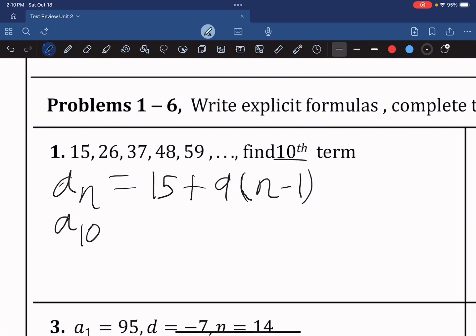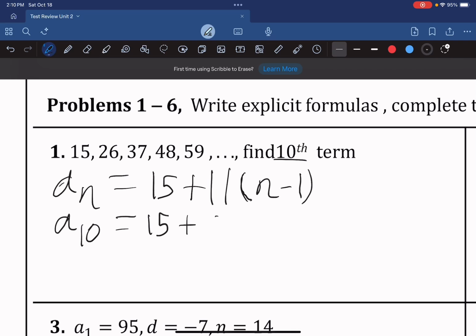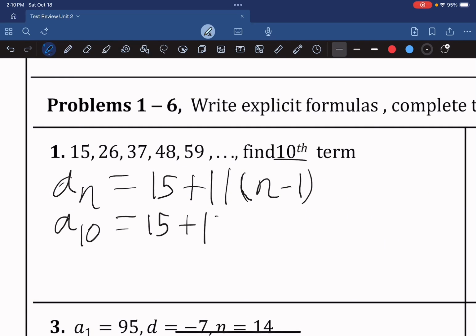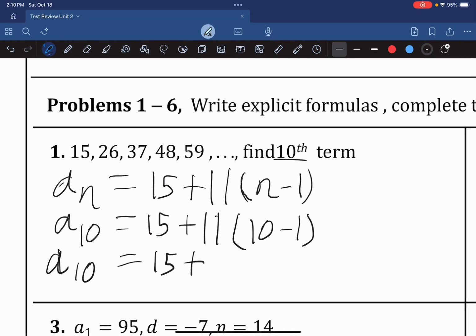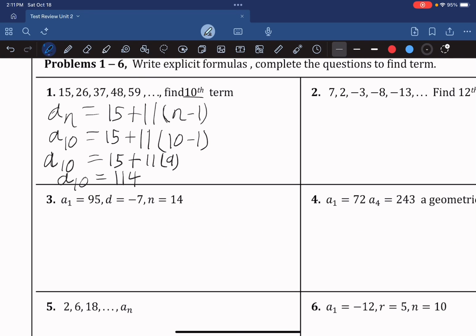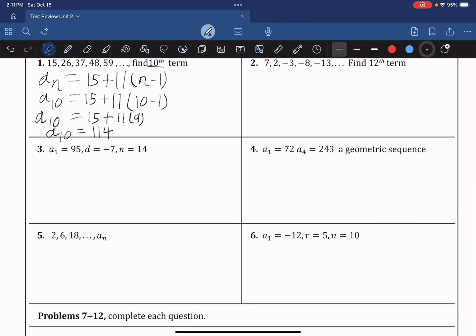So a of 10 will equal 15 plus, I'm sorry, not 9, it's 11, plus 11 times 10 minus 1, which is just a of 10 equals 15 plus 11 times 9, which is a of 10 equals 114. Alright, we're going to skip around a bit so we don't spend too much time on this.